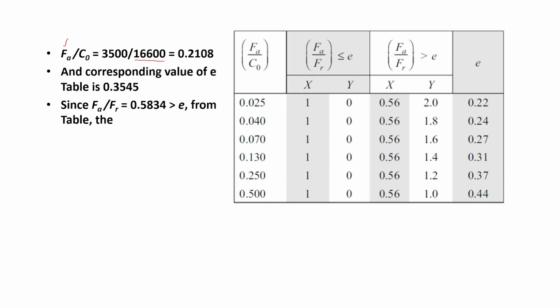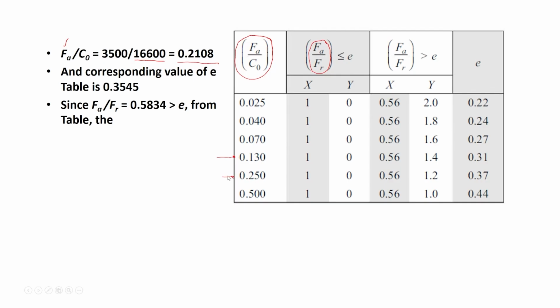To determine the effective radial force on the bearing, we must know this Fa upon C0 and we have to find Fa upon Fr, the ratio of axial force which is acting on the bearing divided by radial force which is acting on the bearing. Therefore, we got this Fa upon C0 as 0.2108. Now, there is no value given for our Fa upon C0, but it is lying in between the 0.113 given here and 0.25.